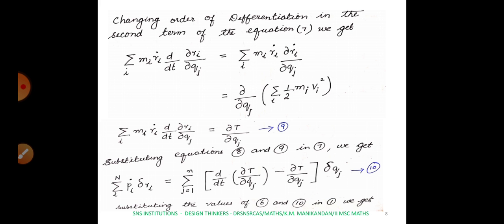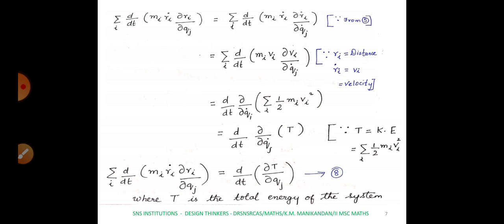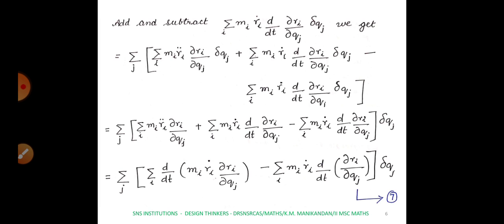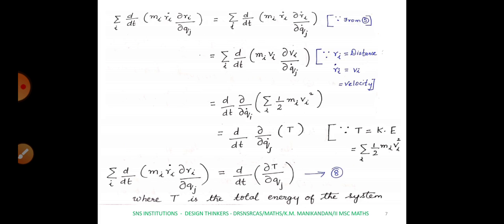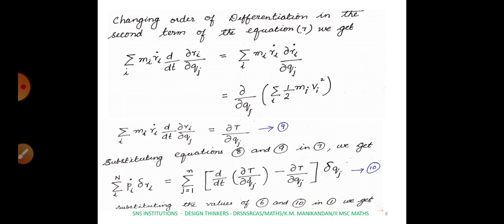Now next we change the order of the differentiation in the second term of equation 7. The second term of equation 7 is summation mi into ri dot into d by dt of dou ri by dou qj. In this term we change the order of differentiation. So summation mi into ri dot into d by dt of dou ri by dou qj is written as summation i of mi into ri dot into dou ri dot by dou qj, where ri is differentiated with respect to t.